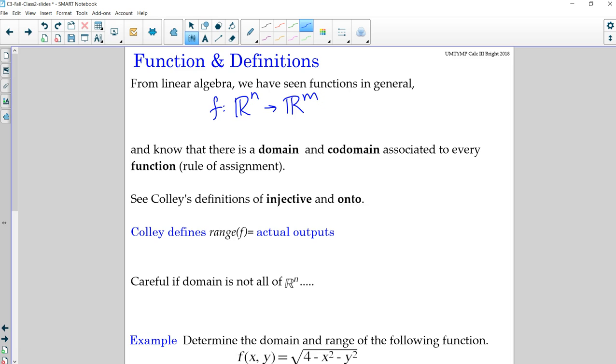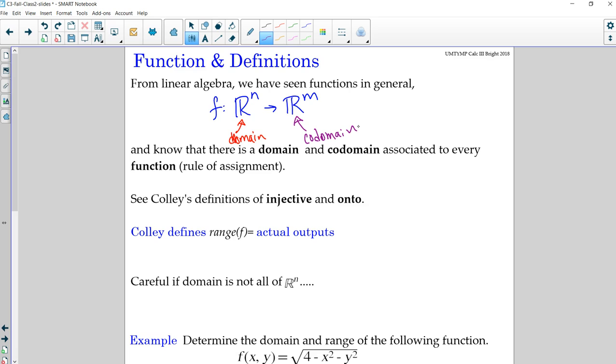When we were talking about those functions, we labeled the input variables as the domain, and we also talked about dimension and all that, and then the mapping space, we called that the codomain. This year in Calc, Kali defines these just as we did last year. She also mentions injective and onto.